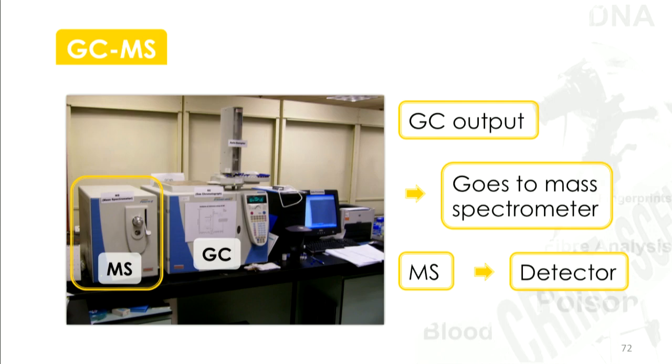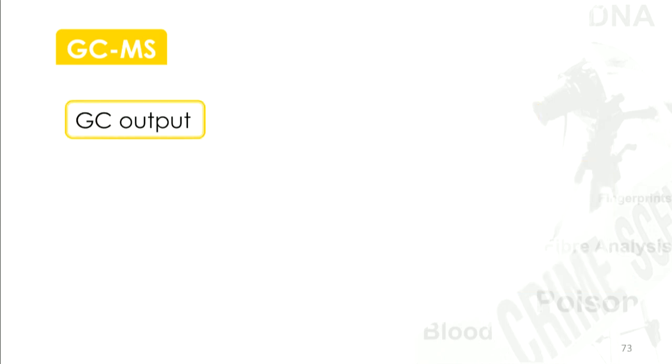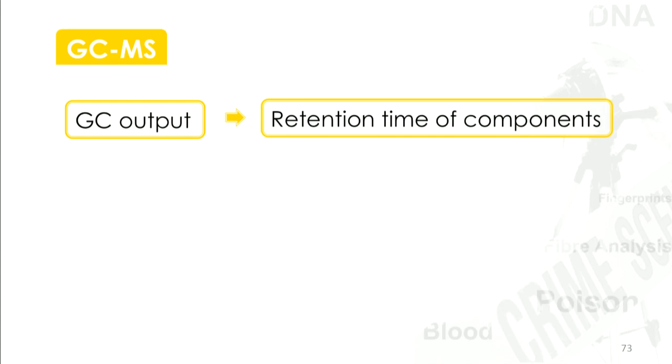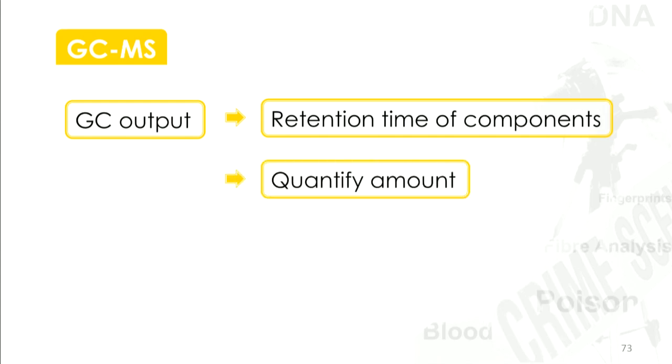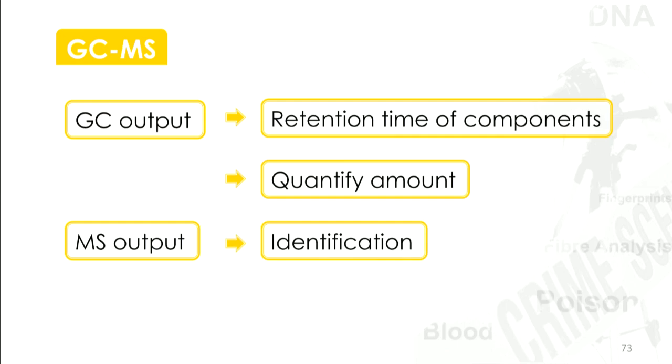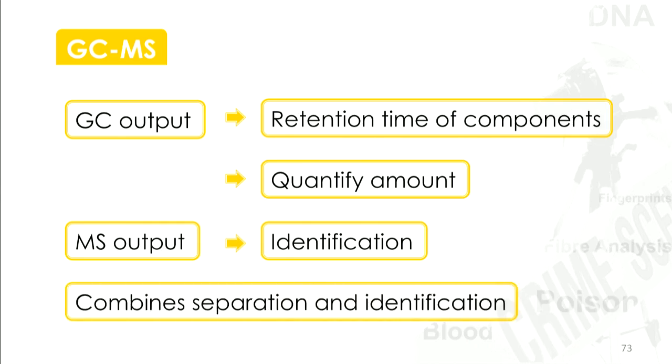So when we analyze the data, when we look at our GC chromatogram, not only do we see the retention time, not only can we quantify it by the area under the peak, but we can also access the mass spectrum for that GC peak and do the identification. So GCMS combines separation of the components and identification of the components.